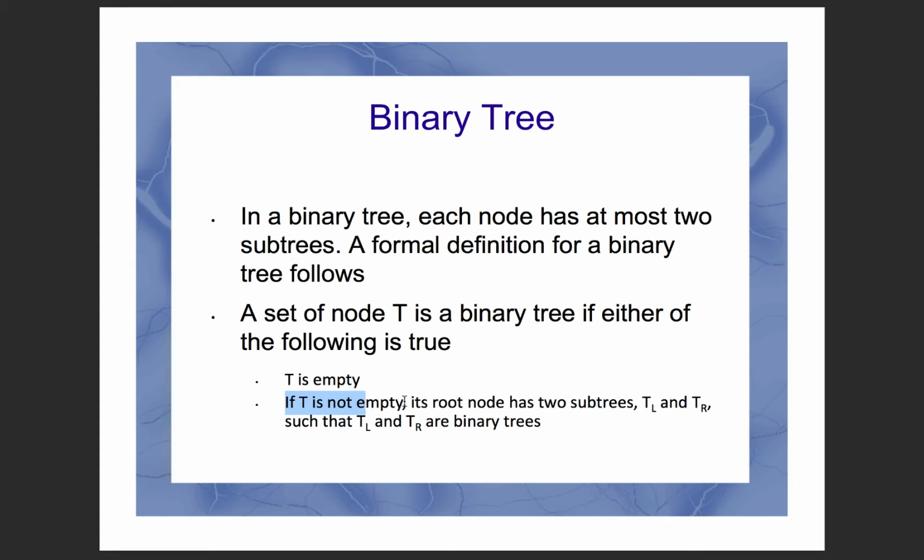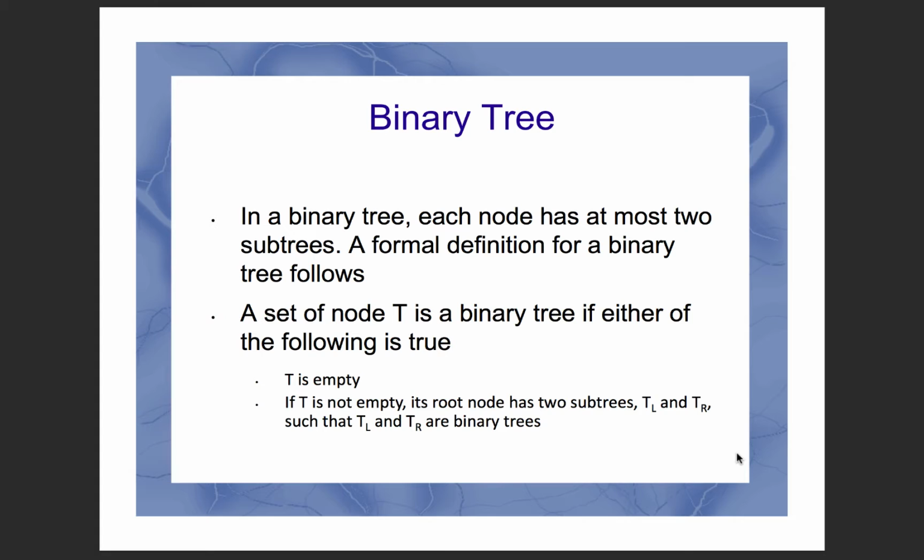If T is not empty, its root node has two subtrees, TL and TR, and such TL and TR are also binary. That means you have a root node, and the root node has at most two children, one left child and another right child. Here we are saying TL and TR both also satisfy the binary conditions.